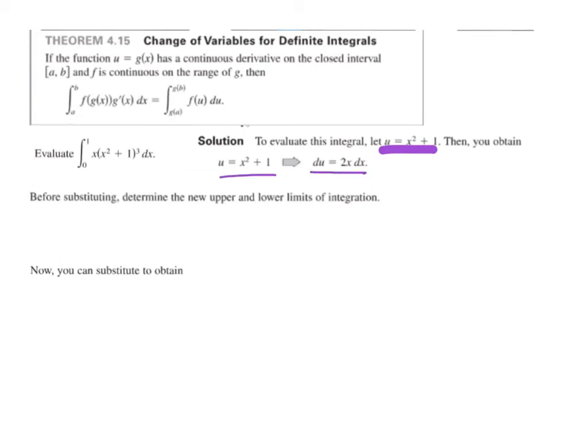All right, so down here, let's get started. We'll have our integration. U is x squared plus 1, so we're going to have u to the third power. I have 2x dx, but I only have one x here, so I would put a 2 here and a 1/2 on the outside. So 1/2, that makes my dx du, right?